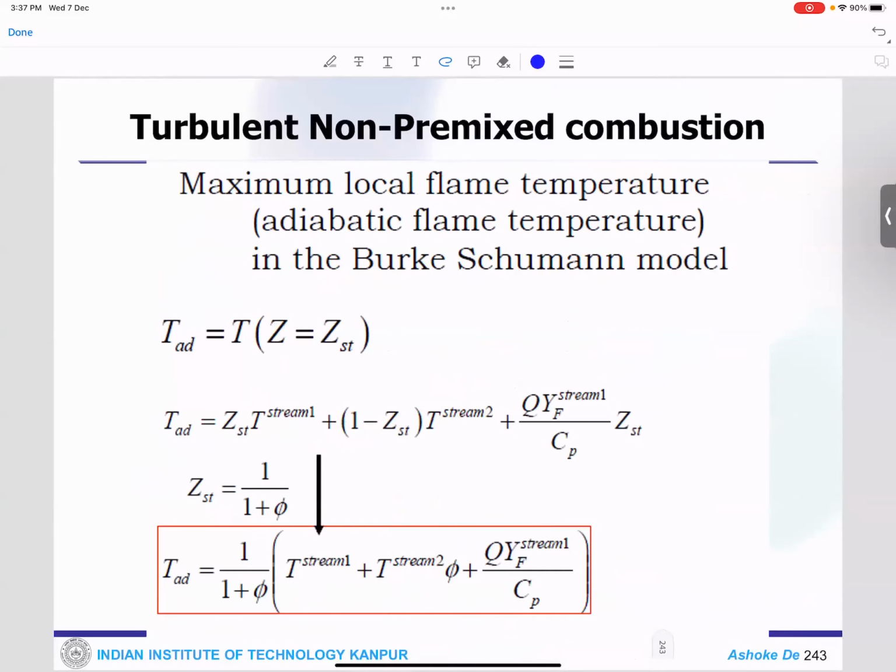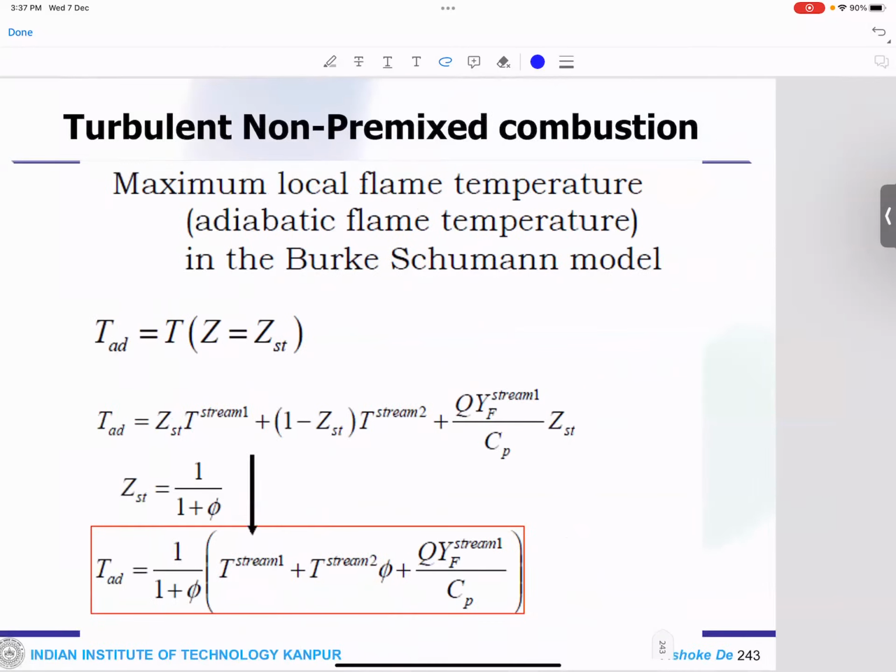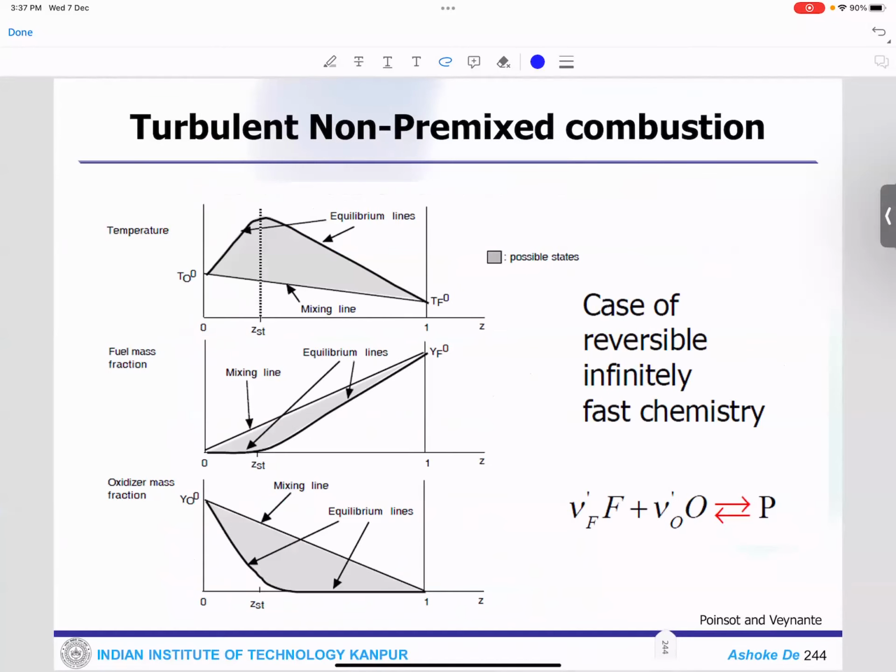This equilibrium calculation provides important information: for any non-premix situation, it is your calculation for the theoretical temperature, giving you an idea about the maximum possible temperature in a system. That is what you call the adiabatic flame temperature, and theoretically you can estimate that.